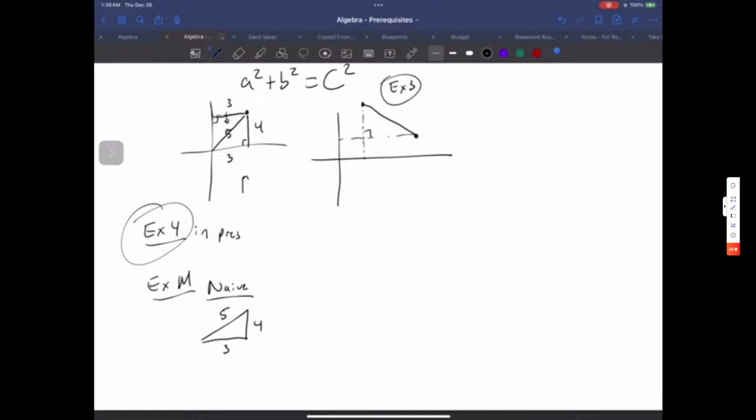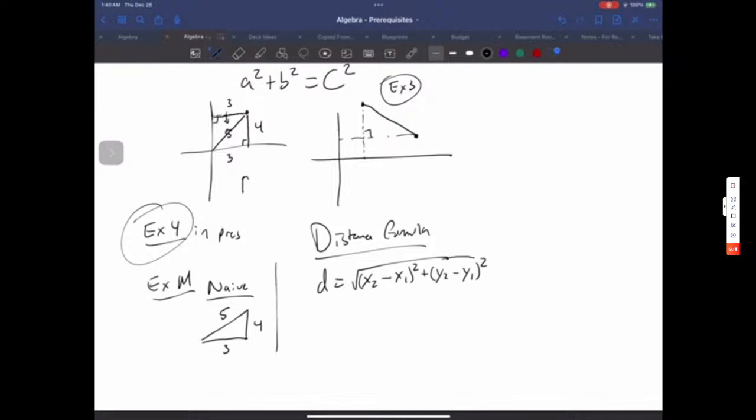Well, the way they do that is they introduce the distance formula, which is d, distance, equals the square root of x2 minus x1 squared plus y2 minus y1 squared.